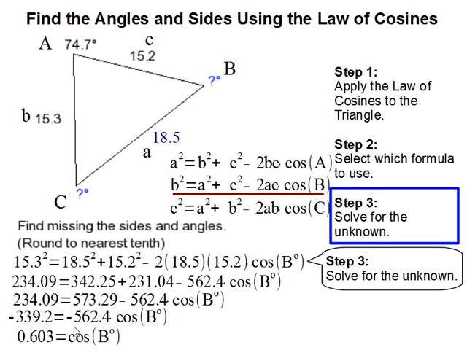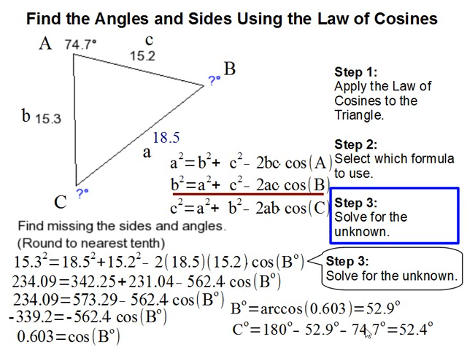Then I'm going to divide by negative 562.4 on both sides to get cosine B by itself. Then to solve for angle B, you take the arc cosine of 0.603, and that's going to leave us with 52.9 degrees, and that is angle B.